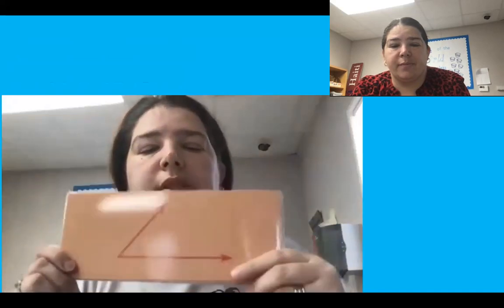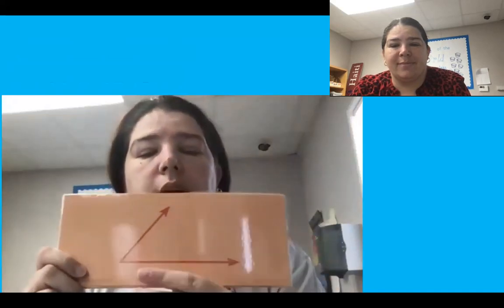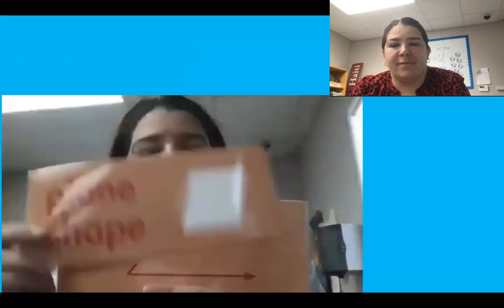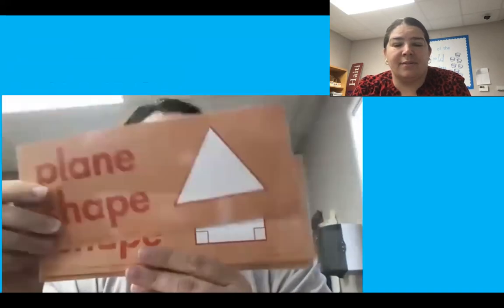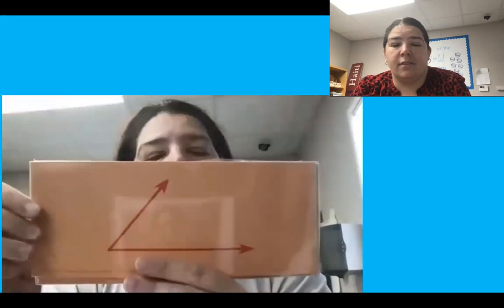Hi, boys and girls, let's go over our task cards here. These are your shapes. How about this one? That's a rhombus, very good. Parallelogram, trapezoid, rectangle, square, triangle, circle, angle.